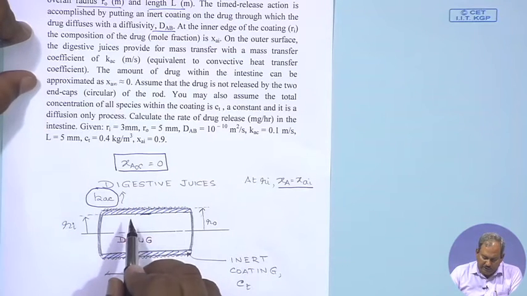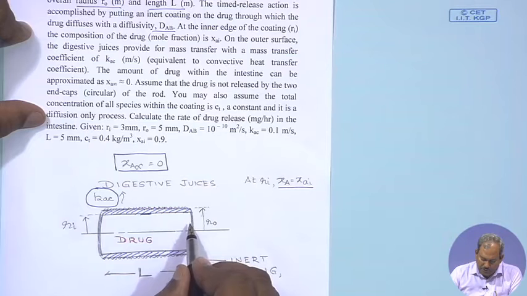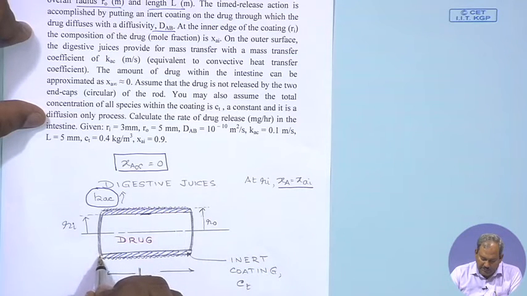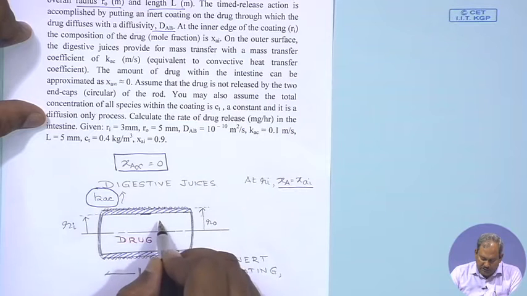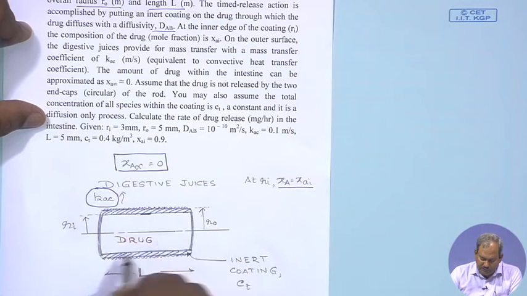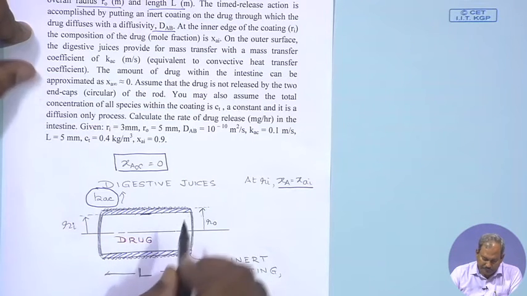It has also been assumed that the drug is not going to be released by these two end caps. So, drug is only going to be released through the inert coating, that is through the cylindrical surface of the drug.